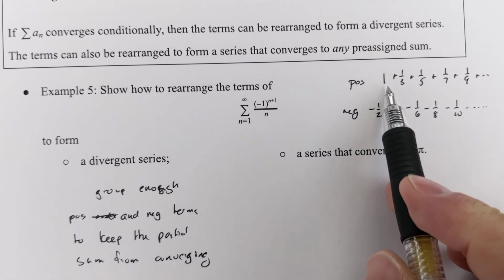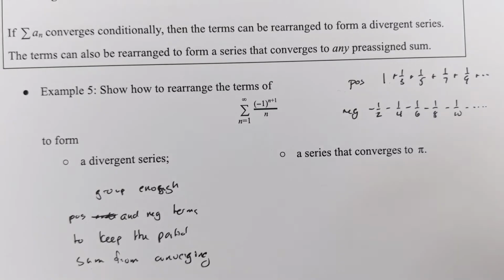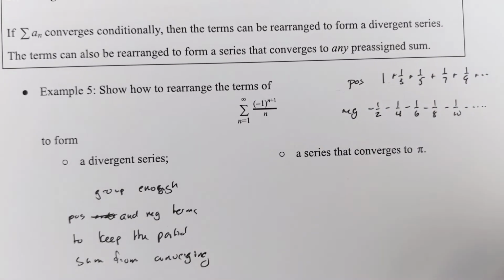Essentially, we'll add up a whole bunch of these until we get some positive number, and then we'll add up even more negatives until we get negative, and then put some more positive, then some more negative in. Bounce it back and forth forever and ever.